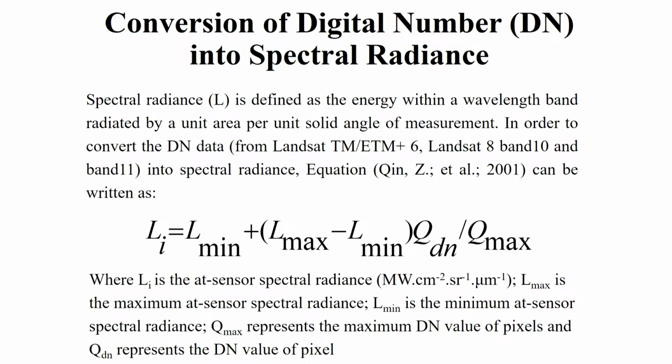The conversion to spectral radiance uses a few pieces of information: L minimum, L maximum, QDN and Q max, where L lambda is the at-sensor spectral radiance which we are going to measure, L max is the maximum at-sensor spectral radiance, and L min is the minimum at-sensor spectral radiance. These can be easily obtained because they are represented by the DN values of the pixel, and QDN represents the DN value of the pixel.